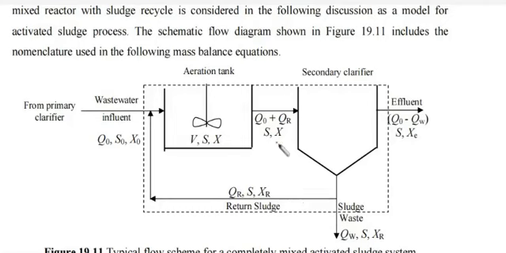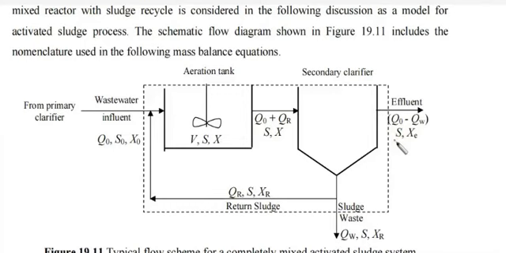S and X are the concentrations of the substrate and the biomass, and it enters the secondary clarifier, where the sludge settles down at the bottom, and we withdraw it, and the effluent water is taken out from the top of the clarifier, where the flow rate is Q0 minus QW.